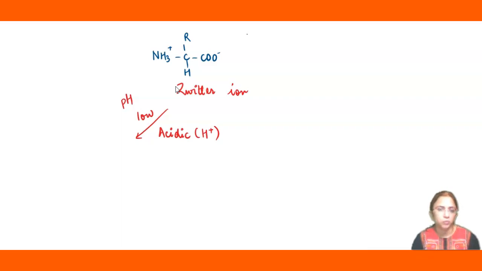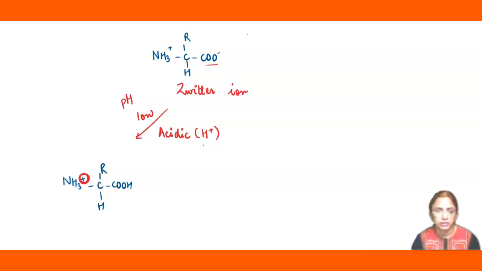So in this case, what is going to happen? This H ion will be received by this COO minus. So overall, the structure of the Zwitter ion will be modified and it will be written like this. Here you can notice that the amino acid has become positively charged. So it is an important point that in the acidic conditions in the body, amino acids get positively charged, right?